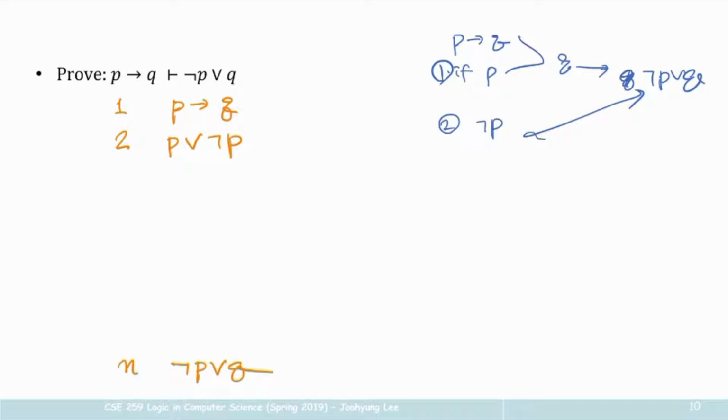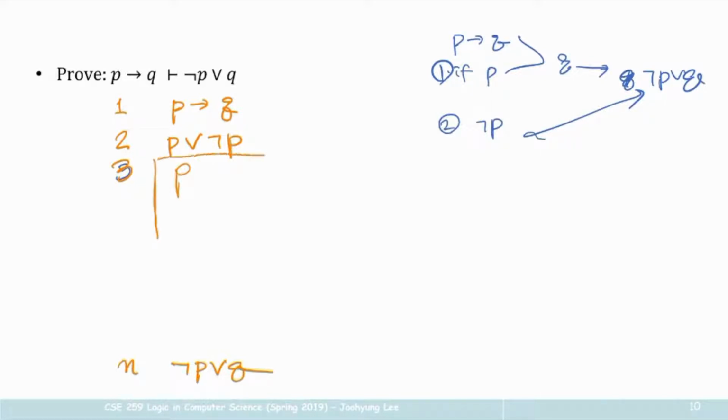So let's write down this proof in natural deduction. What you see in this informal description is that you need a case split, when P is true and P is false. So let's see. If P is true, okay, this is actually the case split.